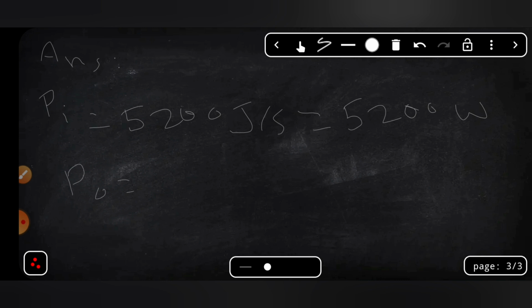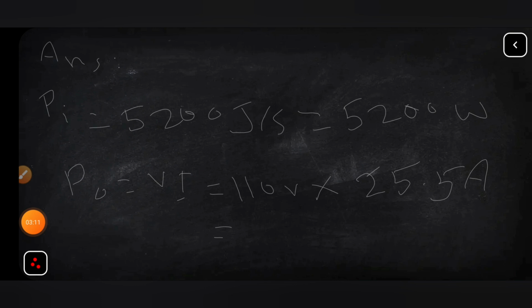Our output power equals V into I, and we have the data that V into I equals 110 volts into 25.5 amps, and the answer is 2805 watts. So this is our output power.